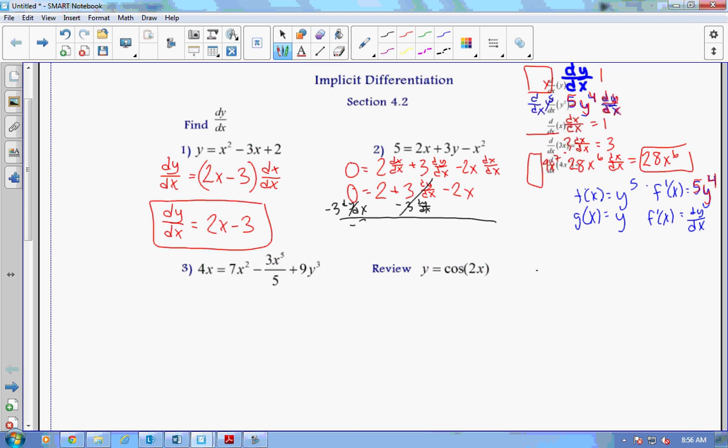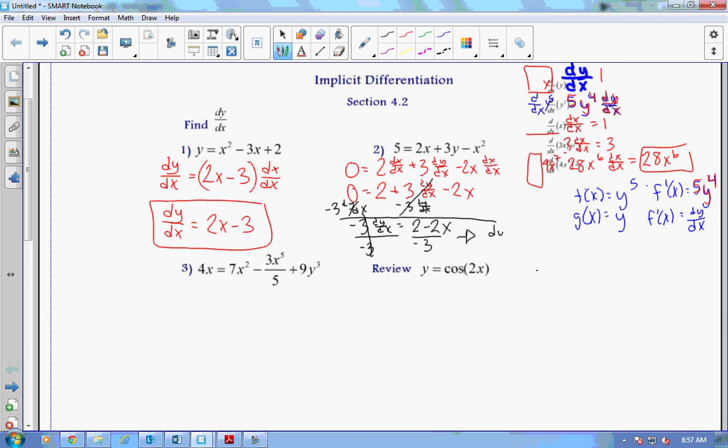Okay, so we have negative 3 dy dx equals 2 minus 2x. Then what, Howard? Divide by negative 3, divide by negative 3.